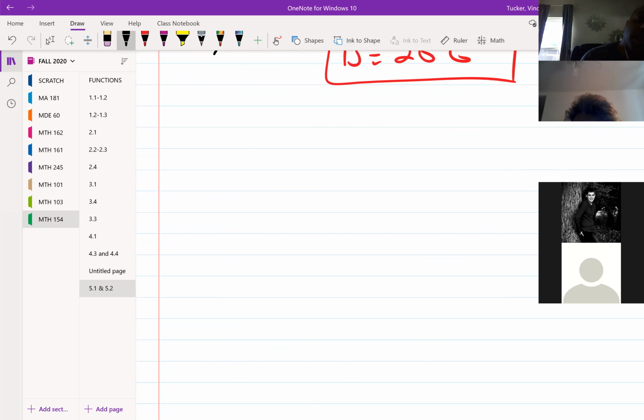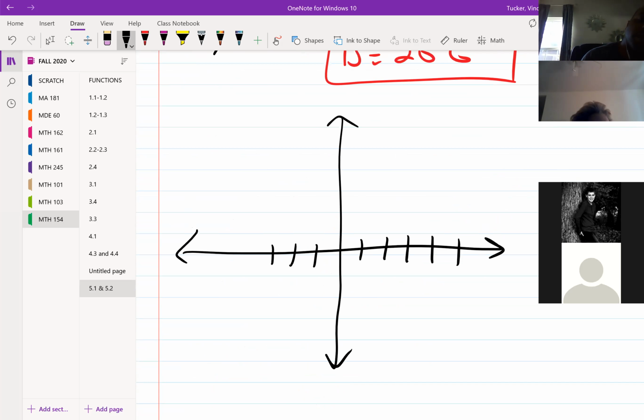Yeah, that's right. Because this type of class, you're supposed to be pros at plotting points anyway. It's a quick recap.